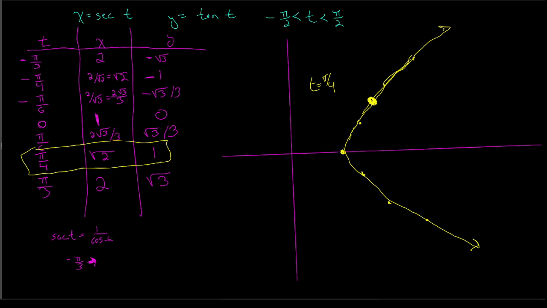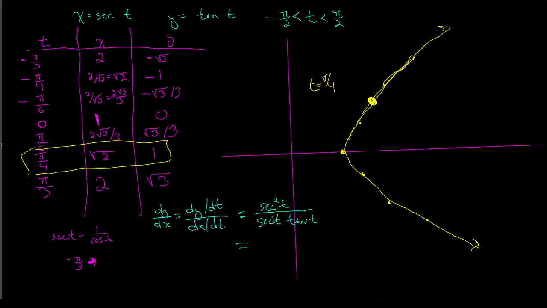What we're going to use is slope-intercept form, so we want to find the slope. So dy/dx will be dy/dt over dx/dt. So we'll take the derivative of secant, so that's secant squared t, and we'll take the derivative of tangent, which is secant t tangent t.